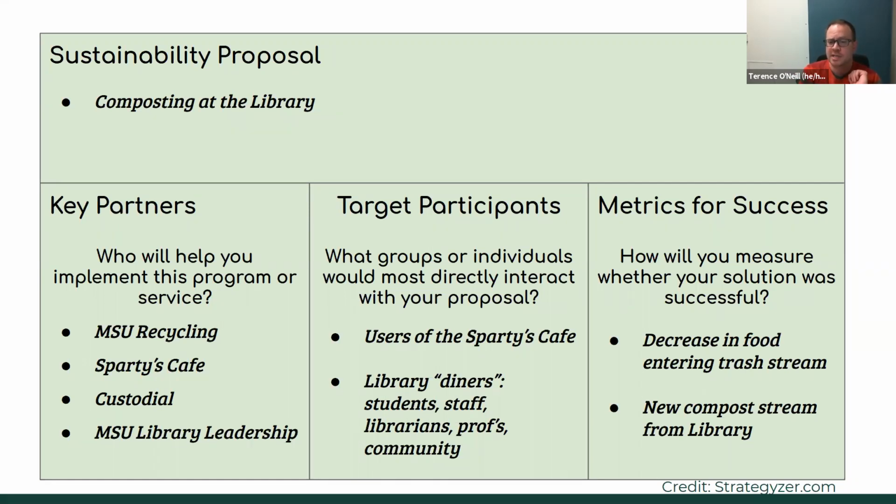So decrease in food entering the trash stream and an increase in compost coming from the library, from 0 to more than 0. Knowing that these metrics were possible was a product of already partnering with MSU Recycling and knowing what kinds of data they were already tracking.